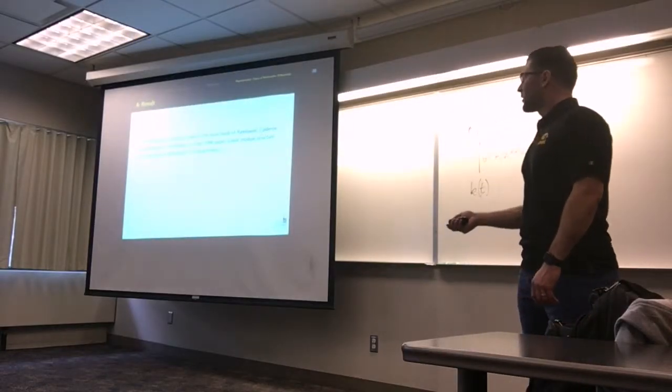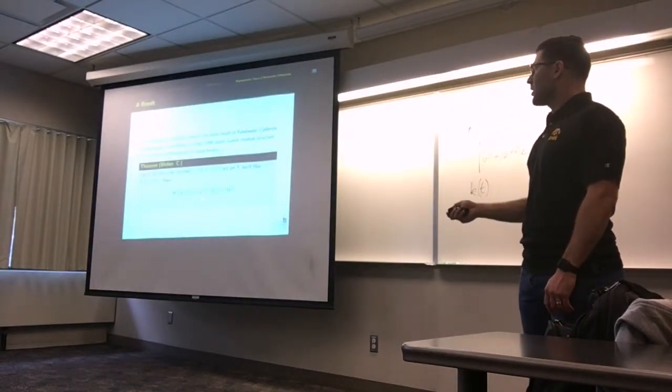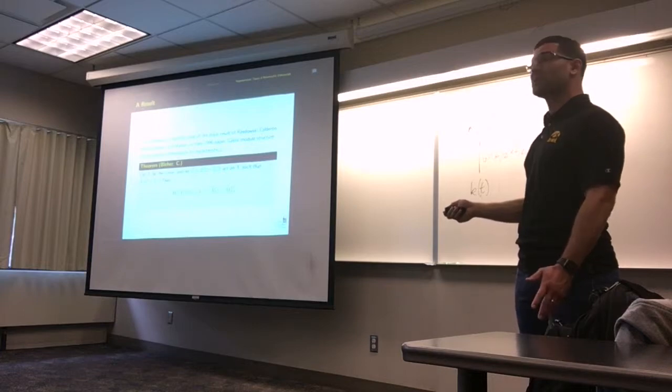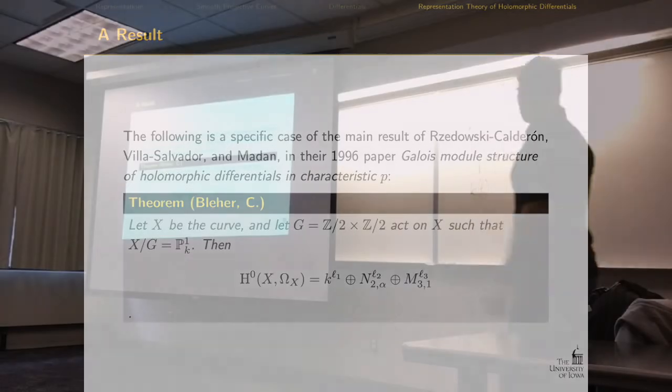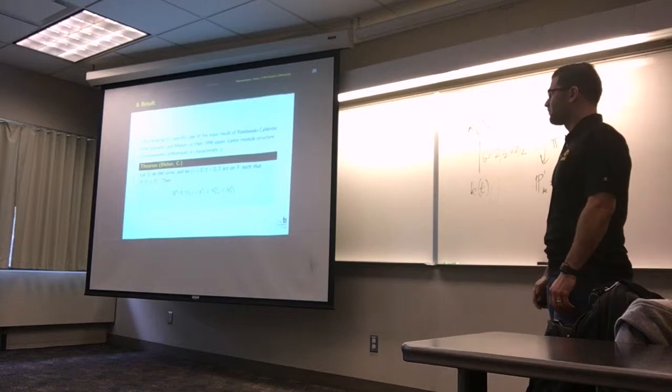It turns out that the only 3 that show up are the trivial representation to some multiplicity L1, and this even dimensional irreducible representation of dimension 2 to some multiplicity, and a 3-dimensional one, so 1, 2, and 3. That's all you have showing up in this specific case.